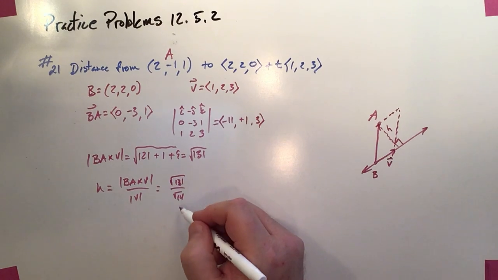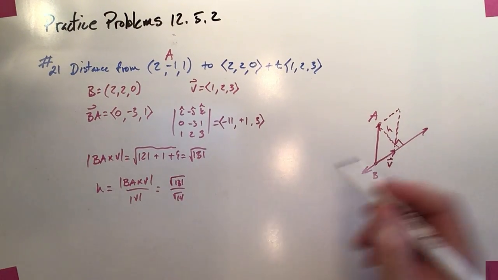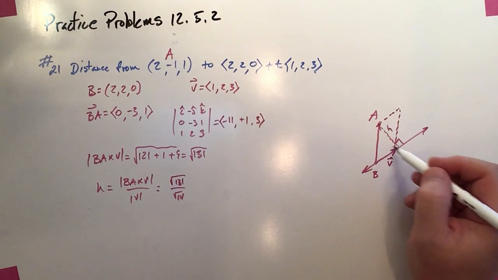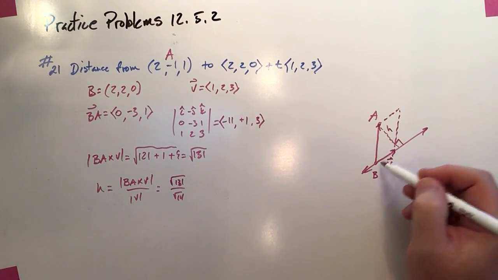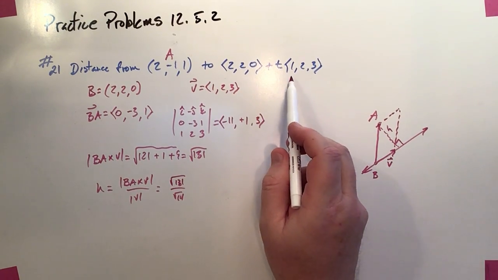And that's it. We can certainly rationalize the denominator if we're interested in it, and we can convert it to a decimal number. But that right there, that is the length of the segment joining point A to a perpendicular to the line provided by 2, 2, 0 plus t times 1, 2, 3.